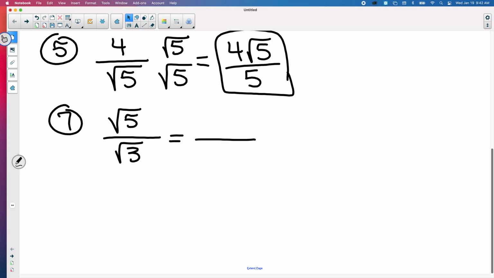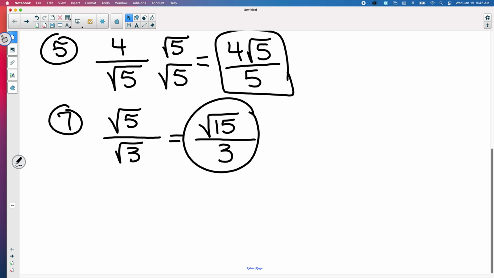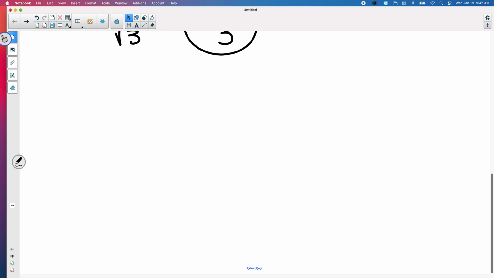Yes, radical 15 over 2 [sic]. Radical 15 doesn't simplify, and you can't divide things outside the radical into things inside the radical. So that would be all you could do. Get number 9.